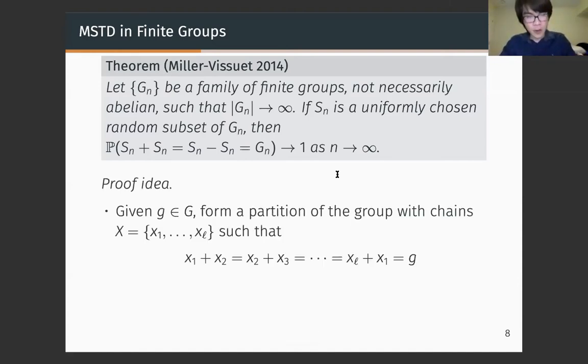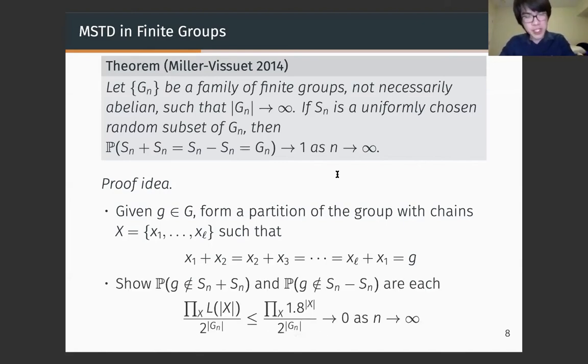So first, we fix an element g in the group Gn, and then we form a partition of the group Gn into chains. And each chain X satisfies the following equation. And then we show that the probability that g does not belong to the sumset or the difference set is each the expression on the left-hand side, where L denotes the Lucas number.